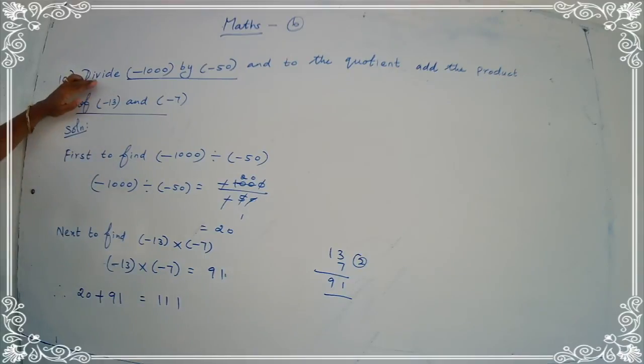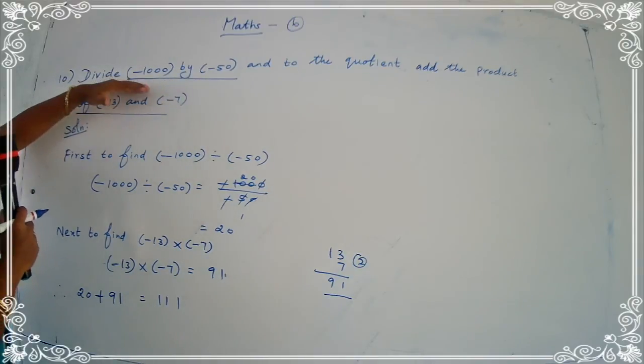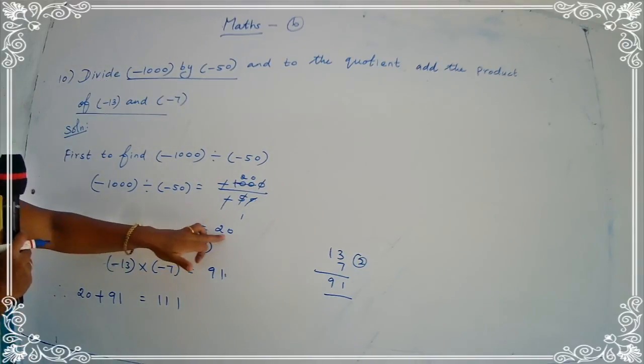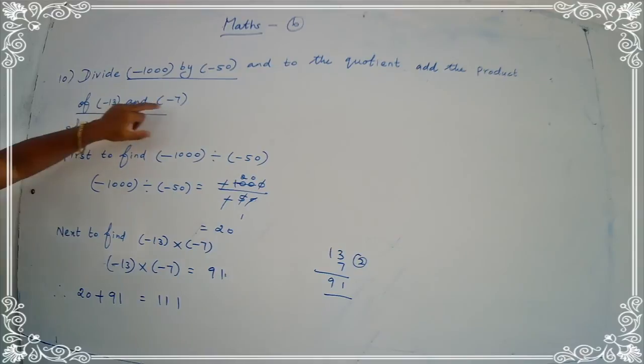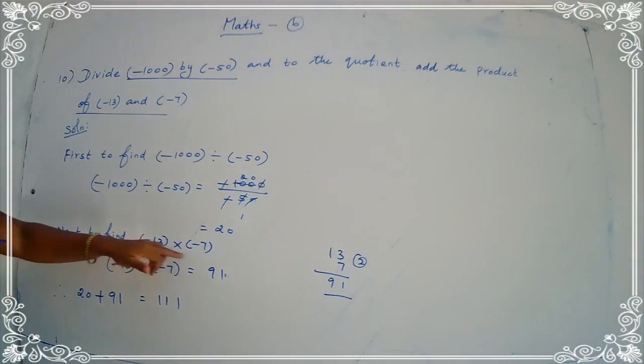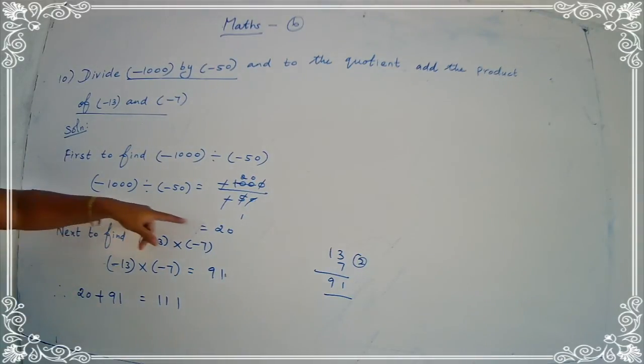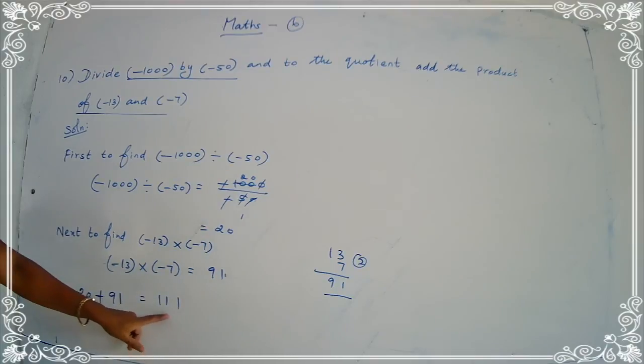Okay children, listen one more time, I will explain. Divide minus 1000 by minus 50 and to the quotient add the product of minus 13 and minus 7. So first to find, divide minus 1000 by minus 50. What is the value? 20. Next, find the product of minus 13 and minus 7. What is the value? 91. Now the final answer is 20 plus 91, that's why your answer is 111.